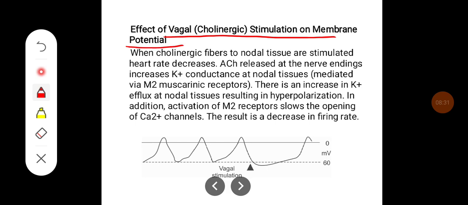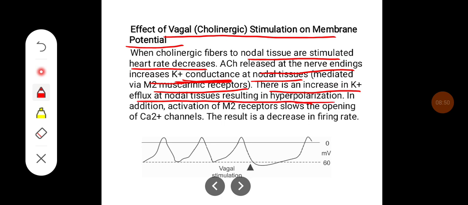Effect of vagal stimulation on membrane potential. When cholinergic fibers to nodal tissue are stimulated, heart rate decreases. Acetylcholine at the nerve endings increases potassium conductance at the nodal tissue, which is mediated by the M2 type of muscarinic receptors. There is an increase in potassium efflux at nodal tissue, resulting in hyperpolarization.